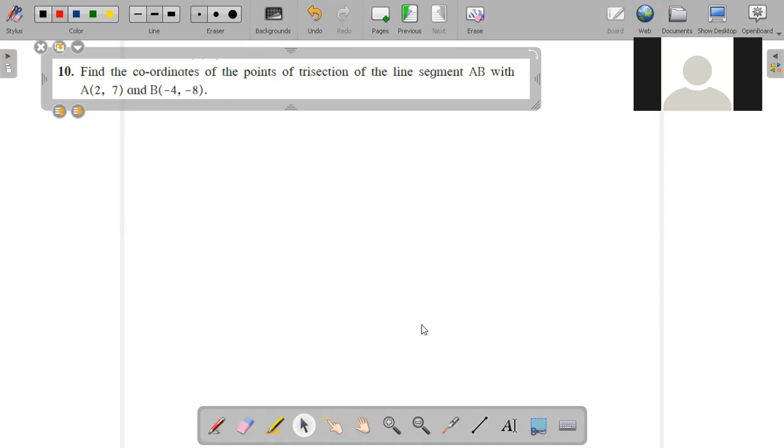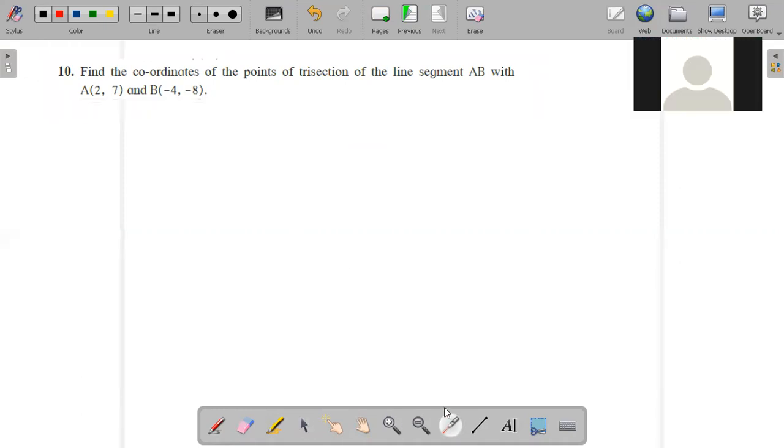You're on mute. Unmute yourself. Can you see the screen? Yes, I can see the screen.